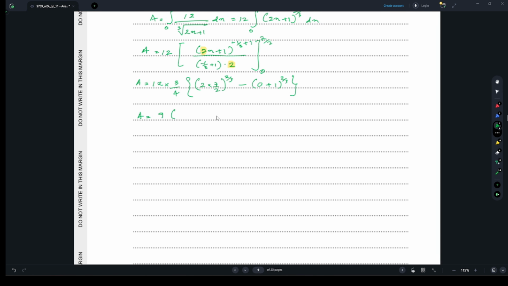Sorry, I missed the plus 1. So here you have 2 times 7 over 2 plus 1 to the power 2 over 3. So the 2 cancels, 7 plus 1 is 8, and the cube root of 8 is 2, then 2 squared is 4, right? So here 4 minus 1, and so it's 3, therefore A equals 27.